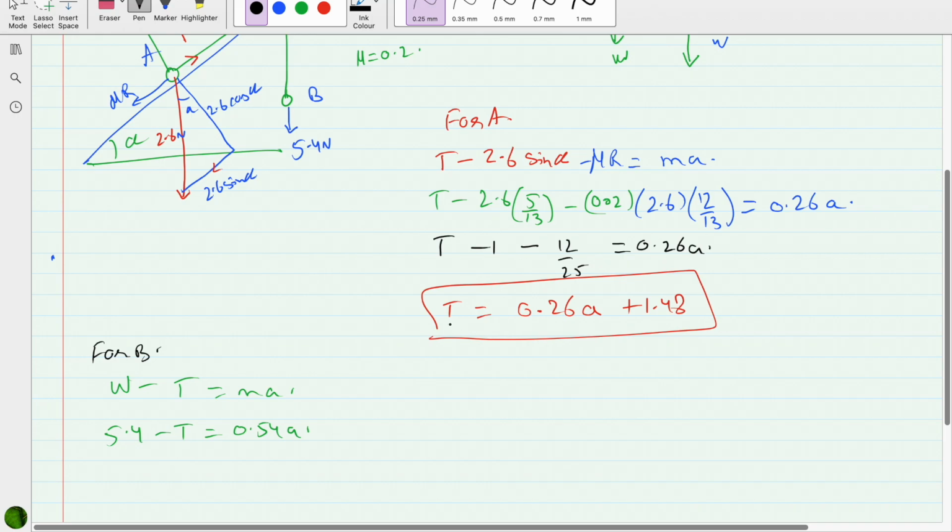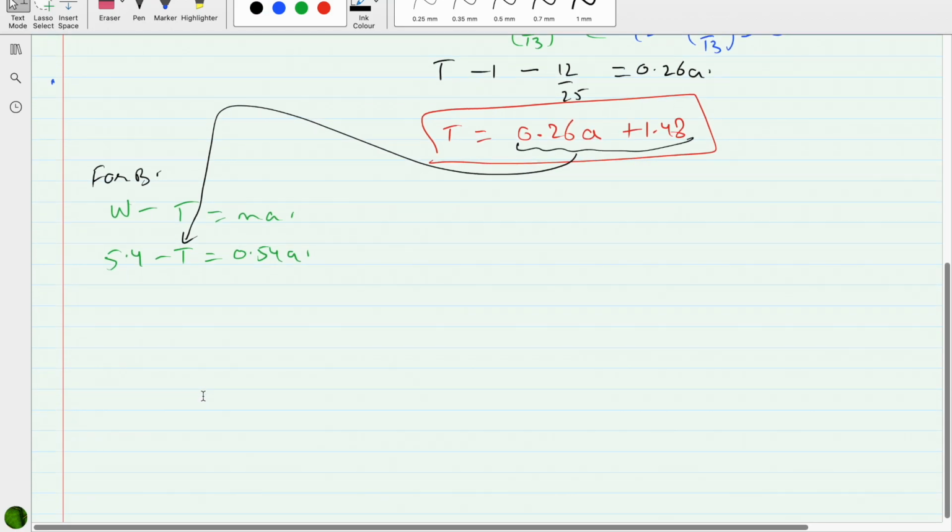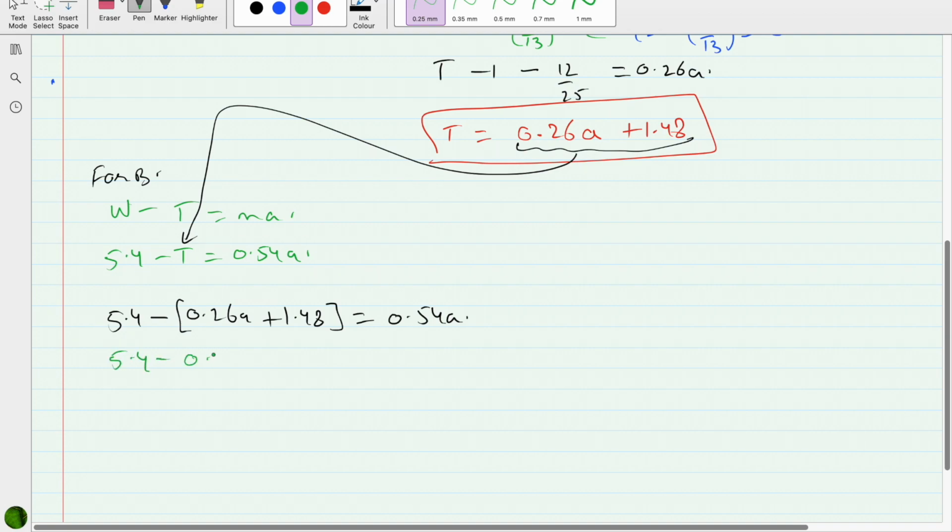So we already made T the subject. We can replace all of this right here. 5.4 minus the tension, which is 0.26a plus 1.48, is equal to 0.54a. So 5.4 minus 0.26a minus 1.48 is equal to 0.54a.